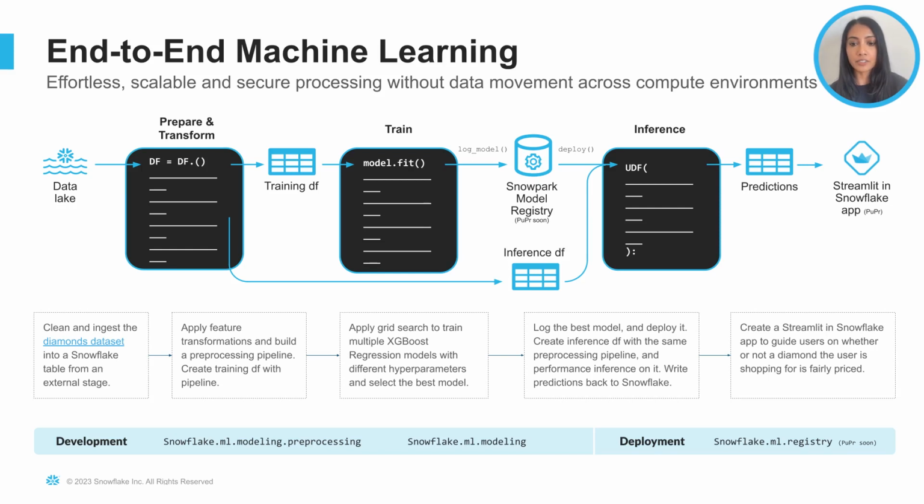Third, we'll apply grid search to train multiple XGBoost regression models with different hyperparameters and select the best model. Then we will log the best model, deploy it, and create an inference data frame with the same pre-processing pipeline and perform inference on it. We'll finally write the predictions back to Snowflake and then create a Streamlit app in Snowflake to help users decide whether the diamond they're shopping for is fairly priced or not.